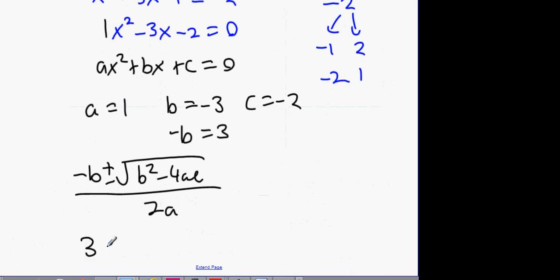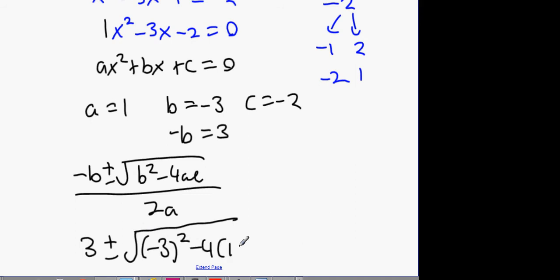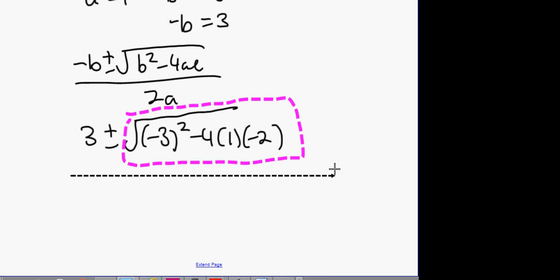Alright, so we're going to get 3 plus or minus b squared, which is -3 squared, minus 4 times 1 times -2. Can somebody put the square root into the calculator for me and tell me what you get? All divided by 2 times 1.